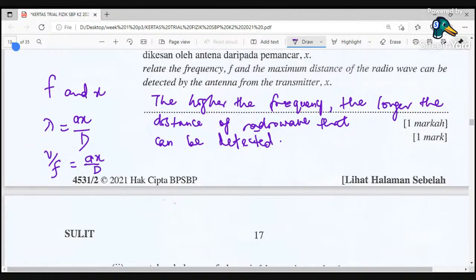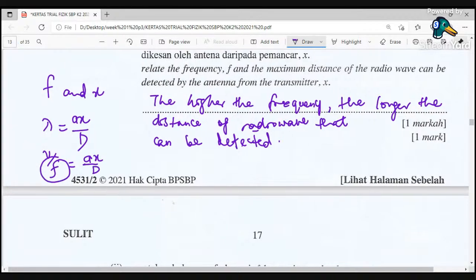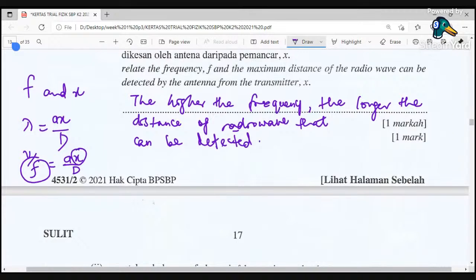Okay, so you can see the relationship between f and x. Okay, inversely proportional. Between d, f and d, directly proportional.